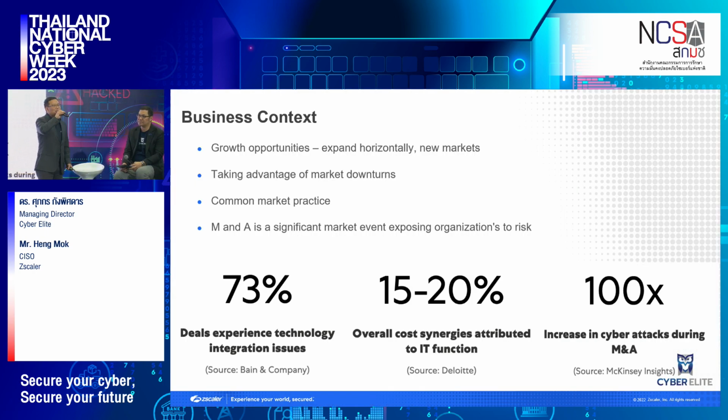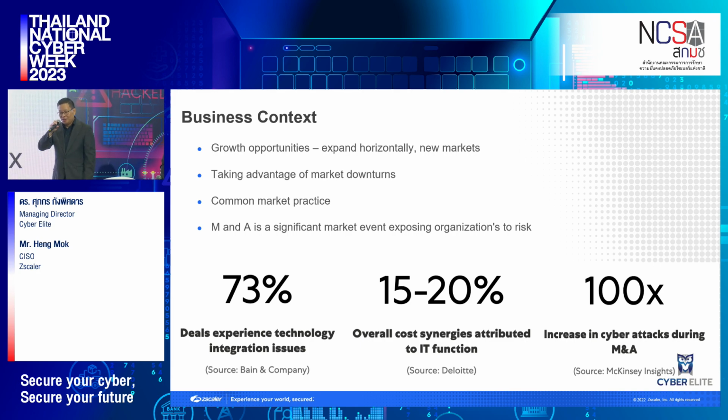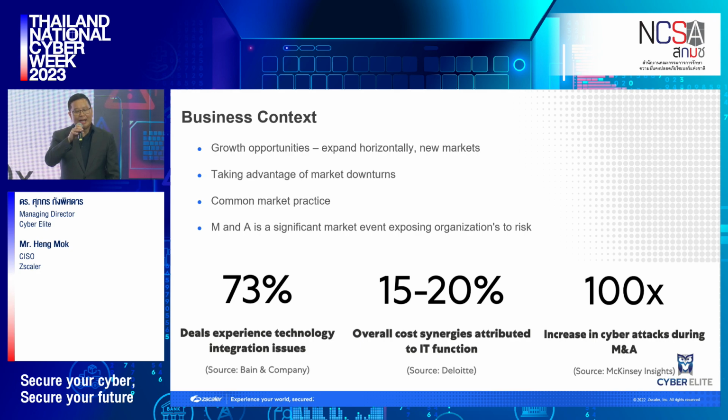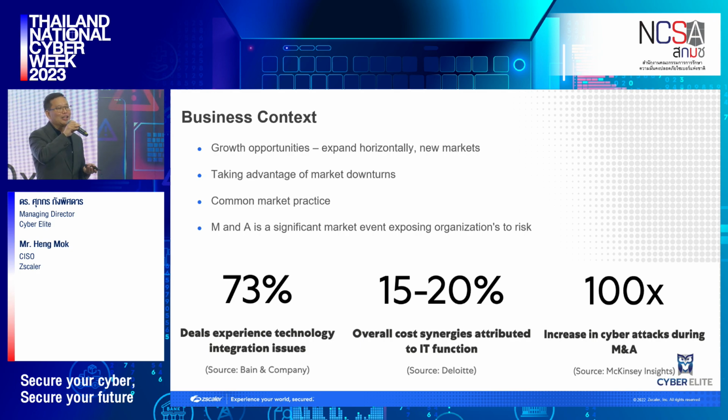So the other use case that we can call out a fair bit is mergers and acquisitions. When we think about mergers and acquisitions, organizations are trying to onboard new organizations. And if we think about the market itself now, we have a bit of an economic downturn.